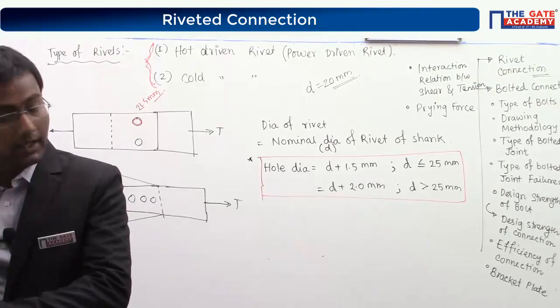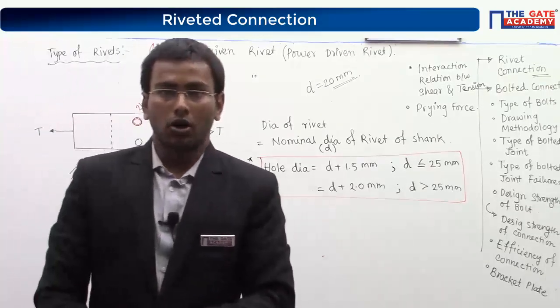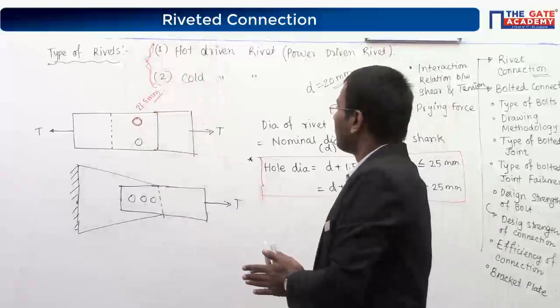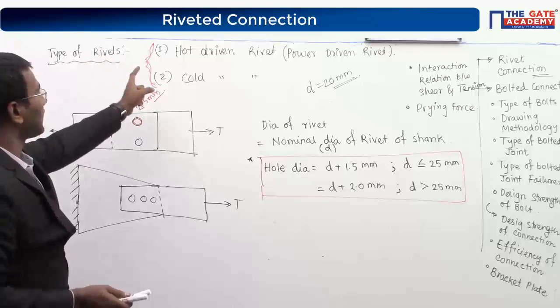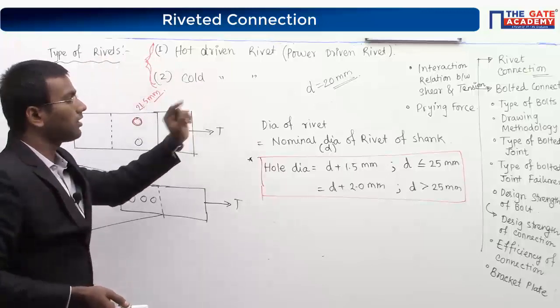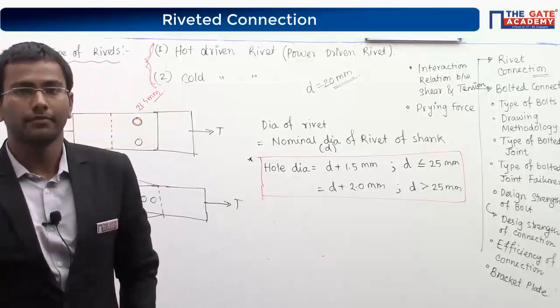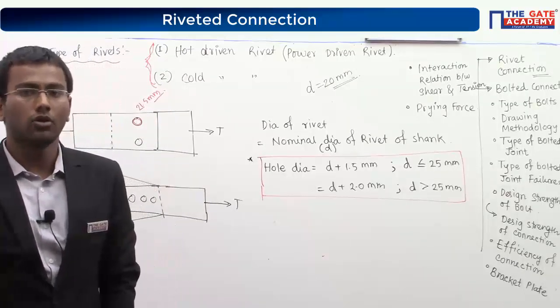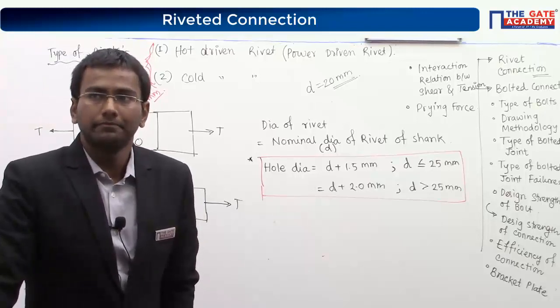Please think about what type of rivet has more strength, hot riveting or cold riveting, and I will discuss it. Now tell me somebody, in the types of rivets we have discussed, hot driven rivet and cold driven rivet, which one has more strength, and why?